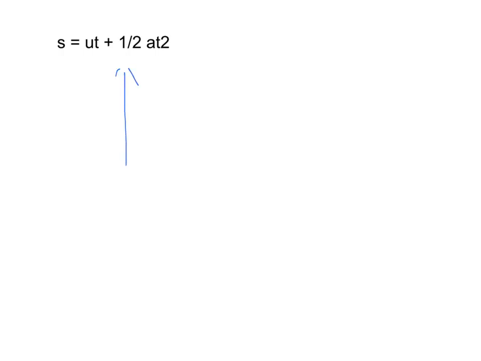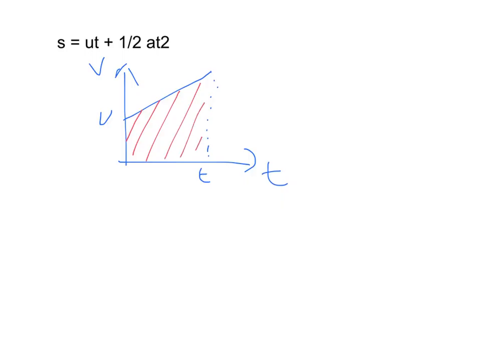Once again, let's have some axes. Okay, we're looking at speed against time. And in this case, we're going to do the same kind of thing. So we're changing between u and v, but let's say in this case we don't necessarily know what v is. And just so in a time t. Okay, once again, it's this area that we're interested in finding out.